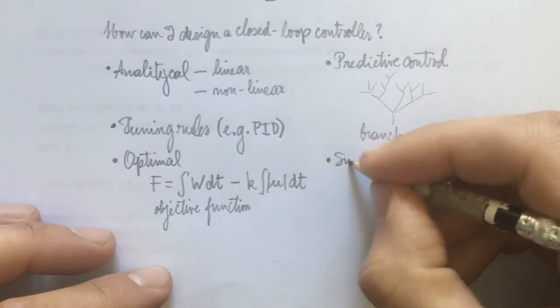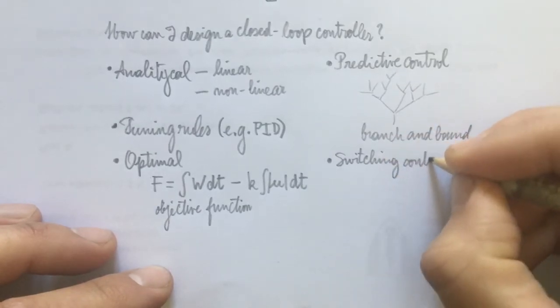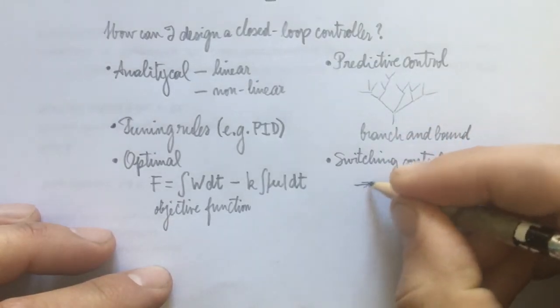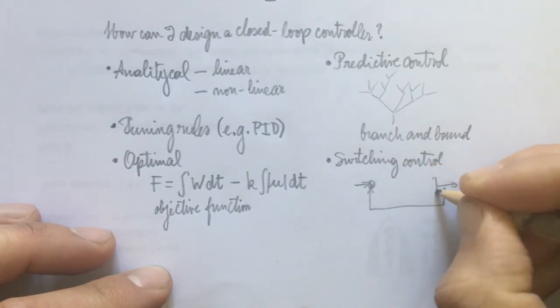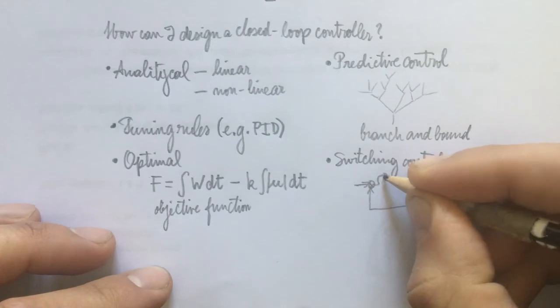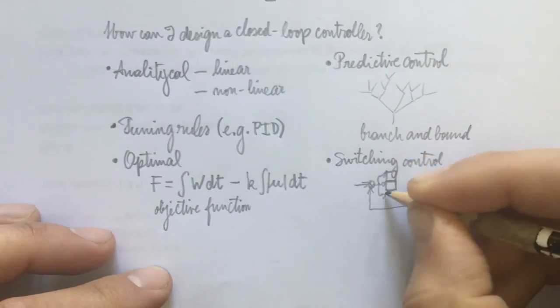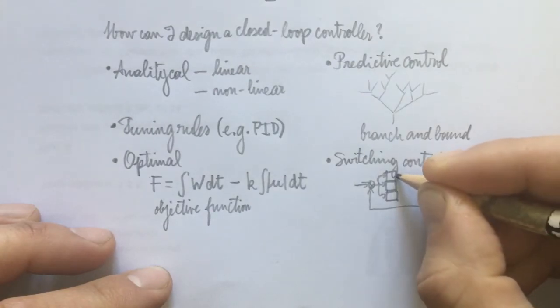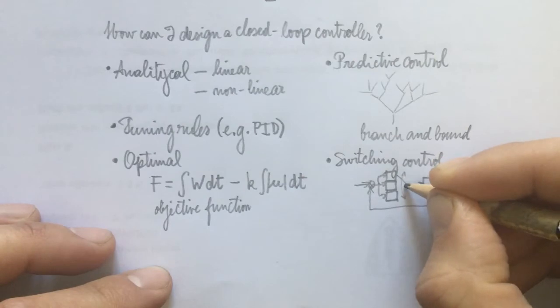We also have switching control. In switching control, I have several different controllers, and in each moment I choose one to act on my plant. So I keep switching from one to the other.